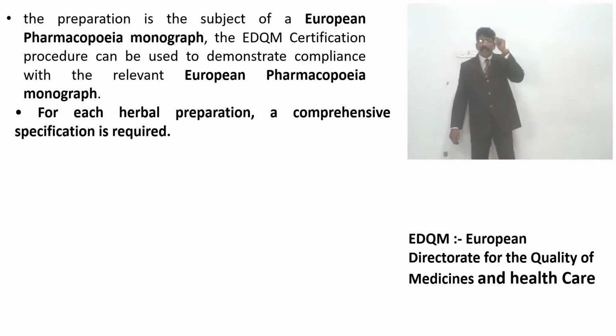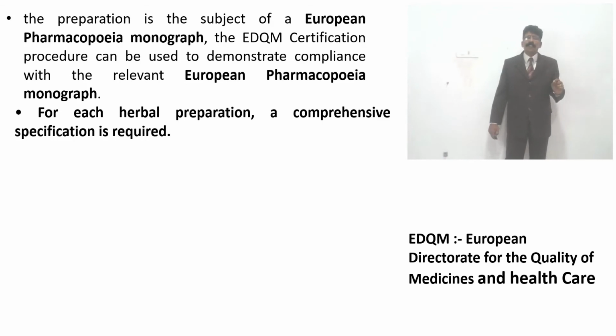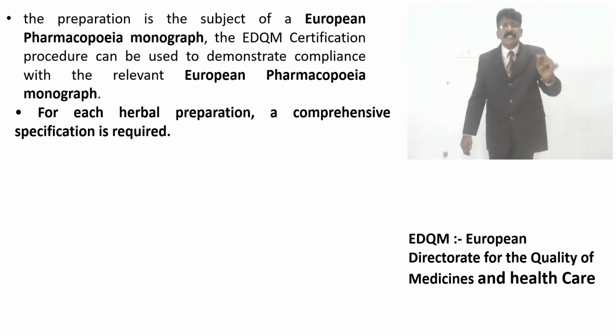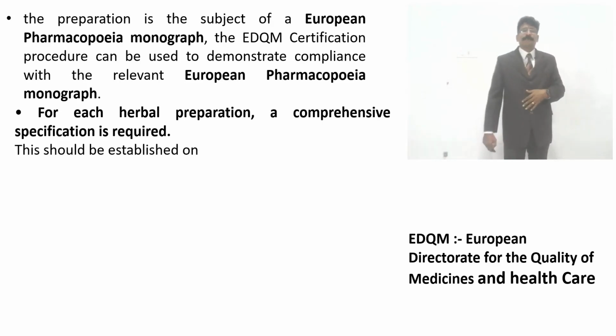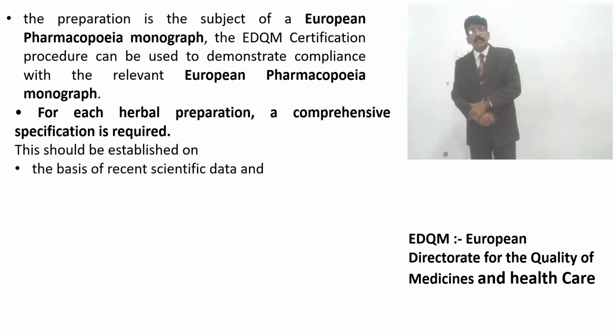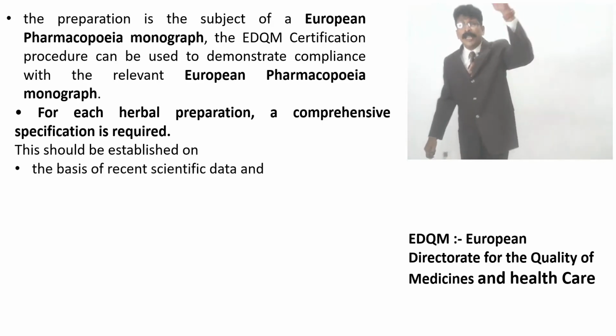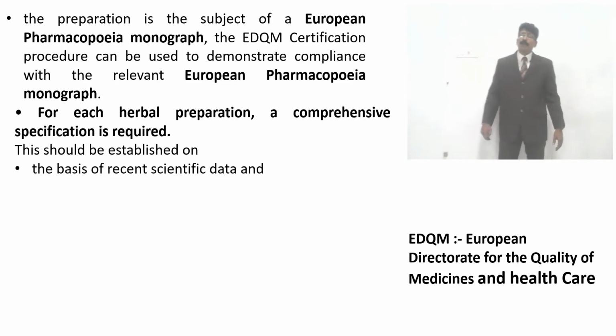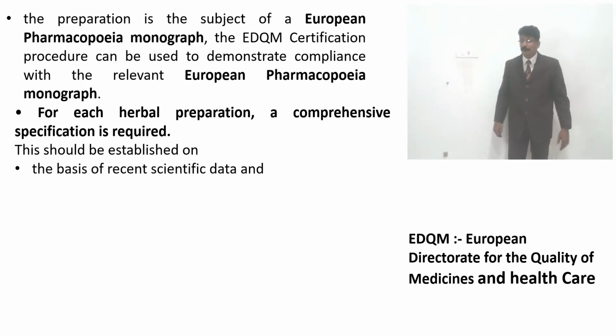For each herbal preparation, a comprehensive specification is required. This should be established point by point, and I made it point by point. When you read something in your handout, it will be difficult for you, so I made points which you can remember.